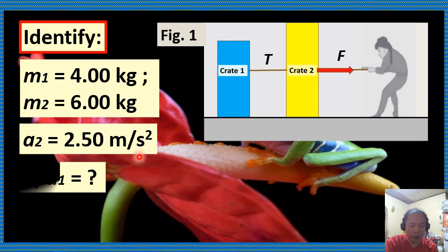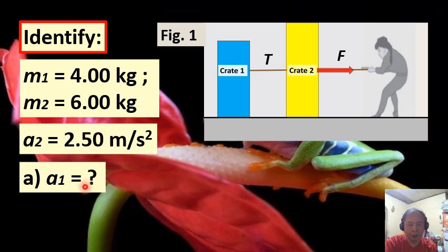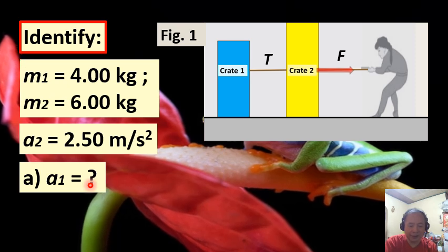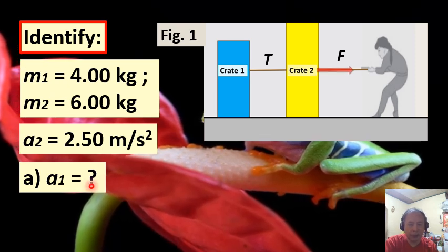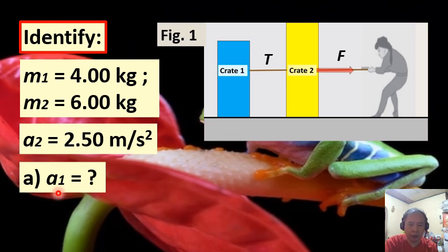We have our target variables. In part A, the acceleration of crate number 1, denoted by small letter a sub 1.